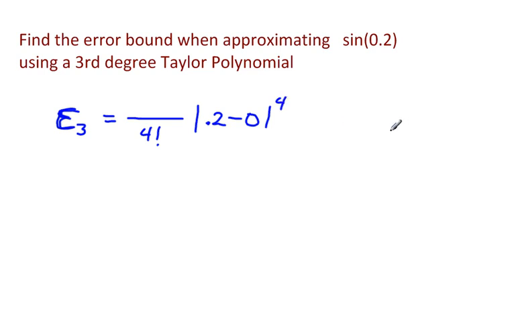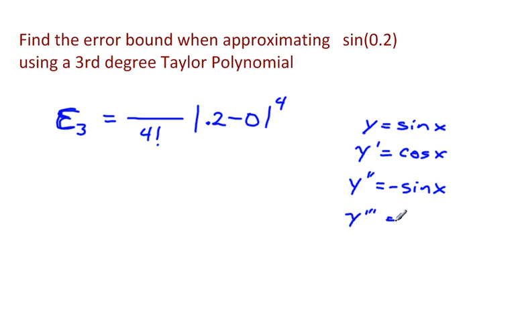Now I need to know the maximum of that 4th derivative. If we've worked with these a lot, we recall that if y is sine, then y prime is cosine, y double prime is negative sine of x, y triple prime is negative cosine x, and oh look, there it is. The 4th derivative brings us right back to the sine of x. I think about my sine function, or in this case my 4th derivative, and I recall it starts here and goes up.